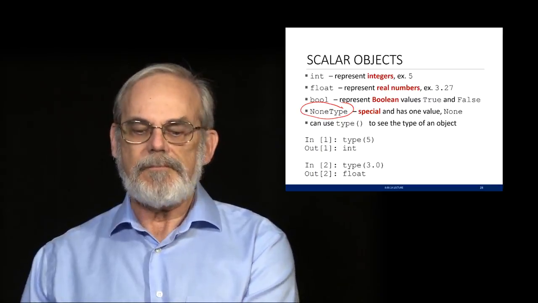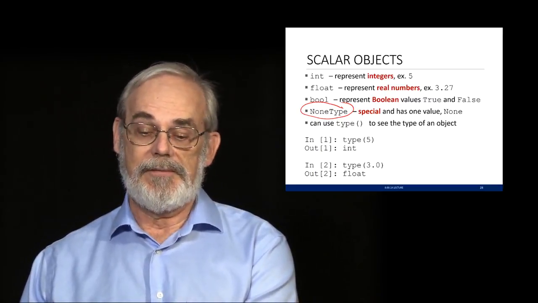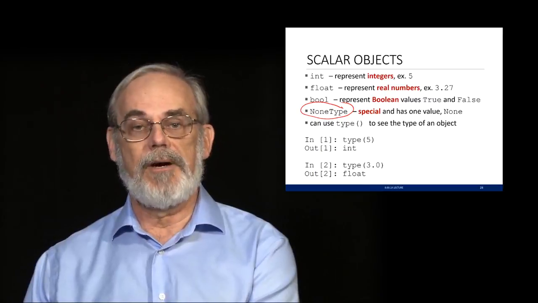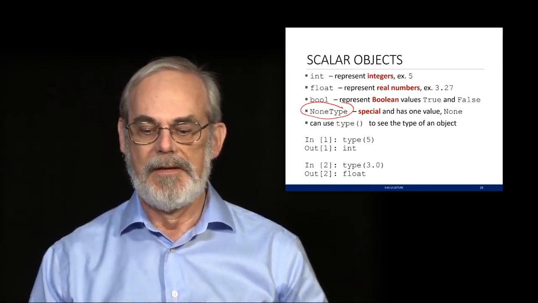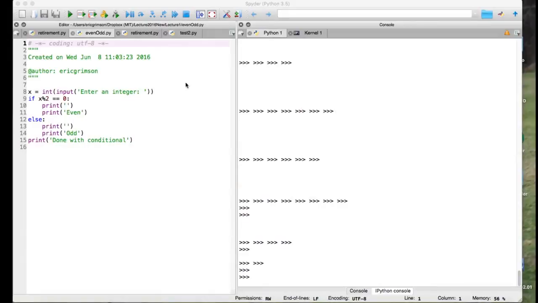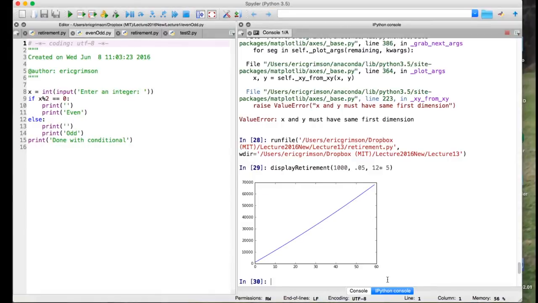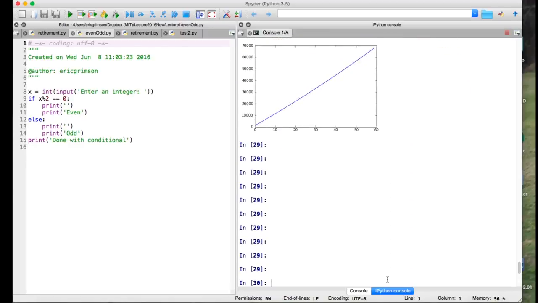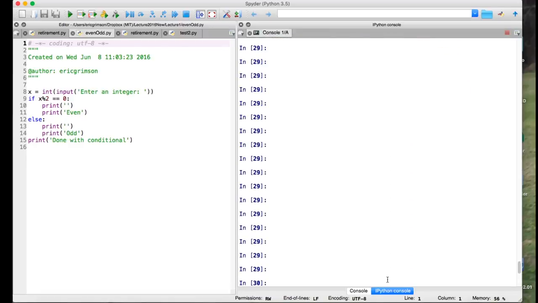Once I have knowledge of those different types, I can also find out the type of an object by using a built-in procedure called type. And I want to show you some examples. So I'm going to go over to my little machine over here, and I'm going to skip down. I'm now talking to a shell. And you'll notice it's got a little prompt that says In, saying what's the input you want to give. The fact it's got 30 on the machine is because I was doing some other work earlier. So this is going to be the 30th expression typed in. And I'm simply going to type in a number.